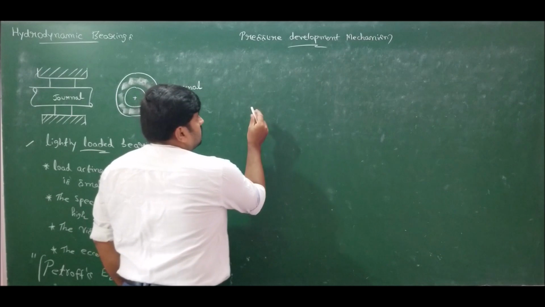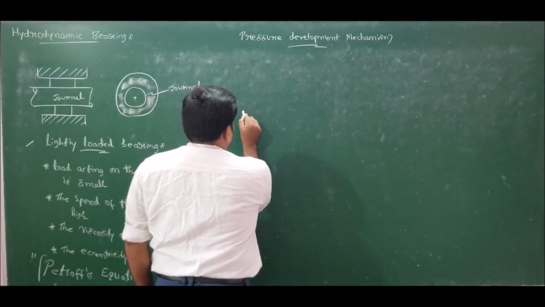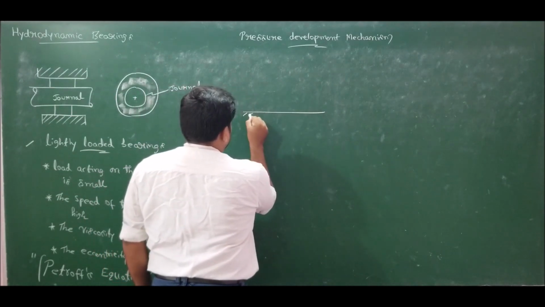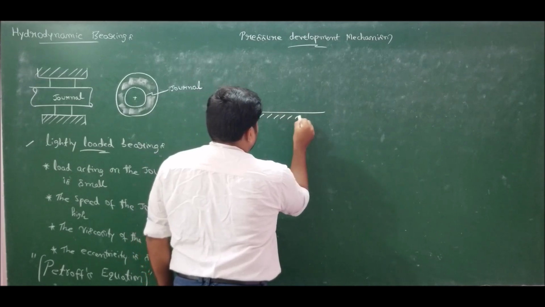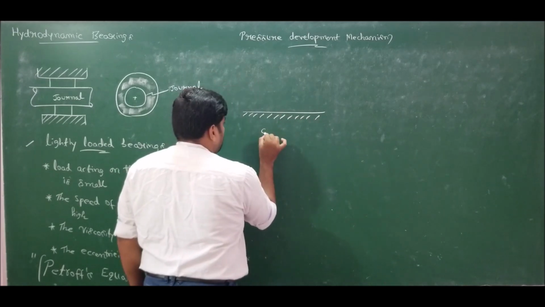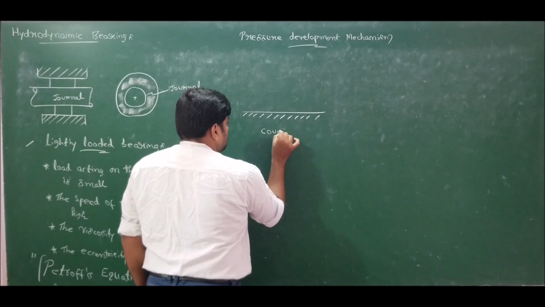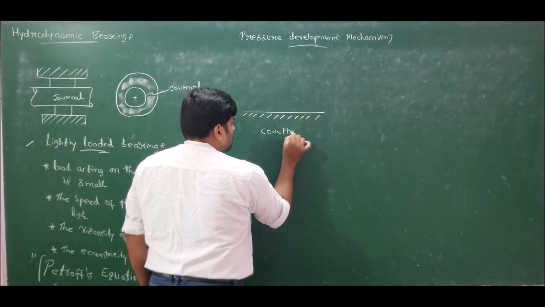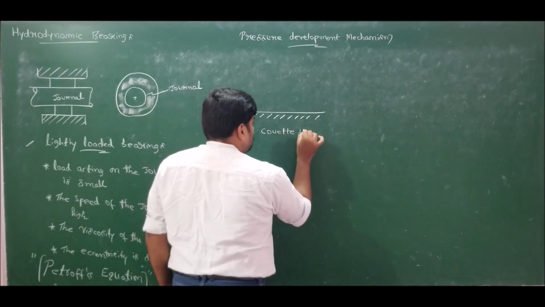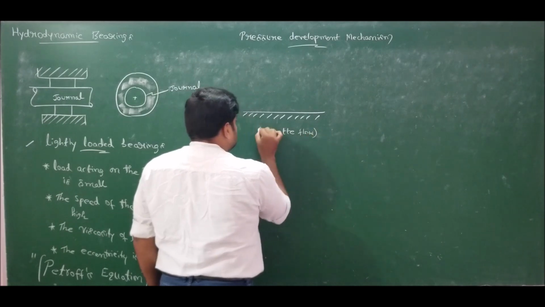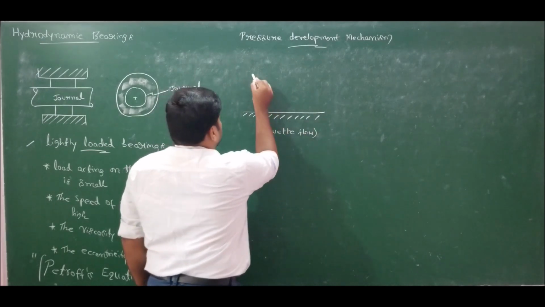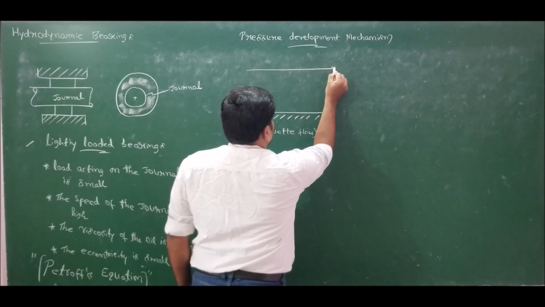Now let us consider one surface fixed and another surface moving, which is nothing but a simple Couette flow. You already learnt this in your UG course on fluid mechanics. One surface is fixed and another is moving with a velocity u.